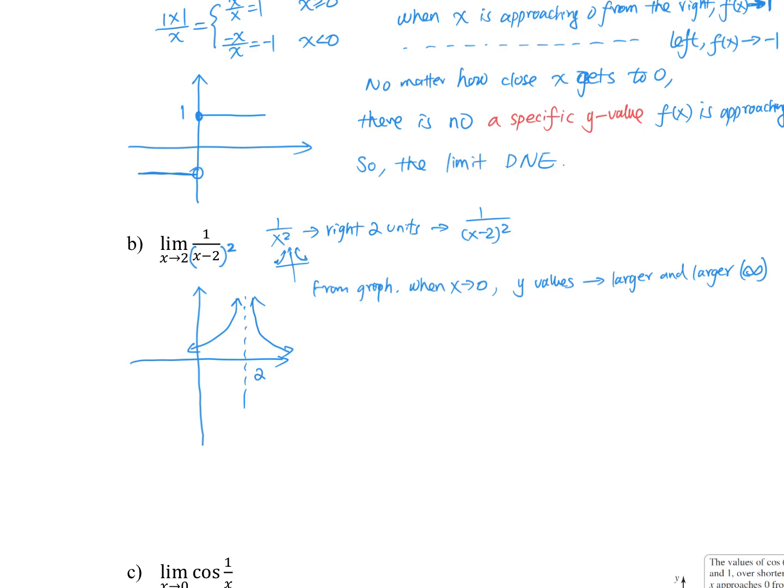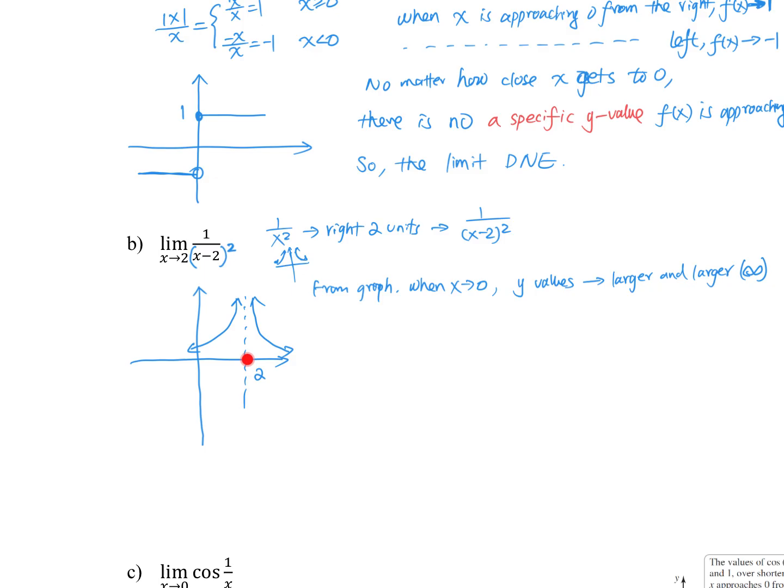So in fact, if you ask how do you know that there's no specific large number that this y value is approaching? You can give it a try. Just name any large number. I can always find an even larger y value, larger than the one that you name, when x is close enough to 2.